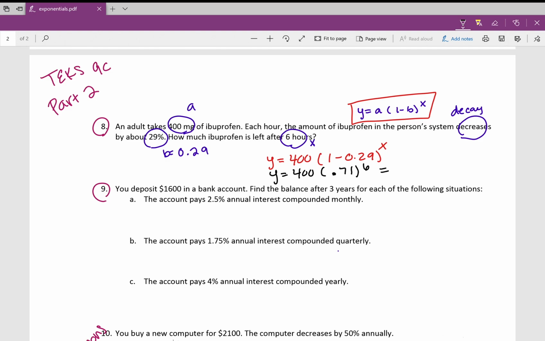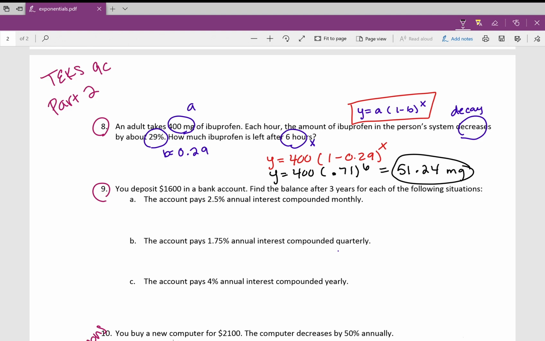We get 51.24, rounded to 2 decimal places. So to answer the question, 6 hours after they took 400 milligrams of ibuprofen, there's only 51.24 milligrams left inside their body.